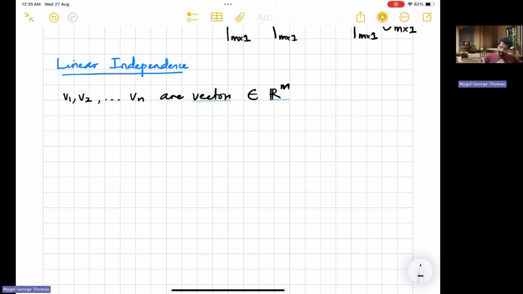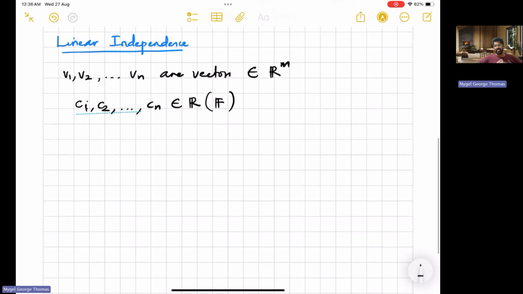We're taking a similar linear combination of vectors. So let's write it more systematically. c1, c2, etc., cn belong to R. Could be any field, need not always be R, unless I'm specific about it being a complex or real number.